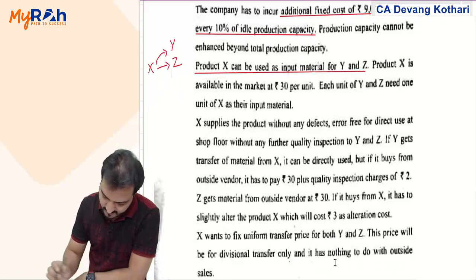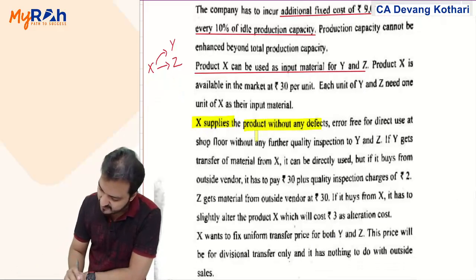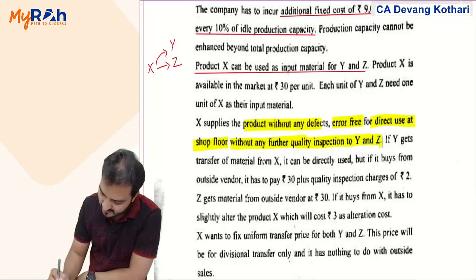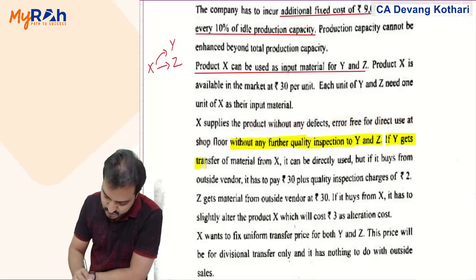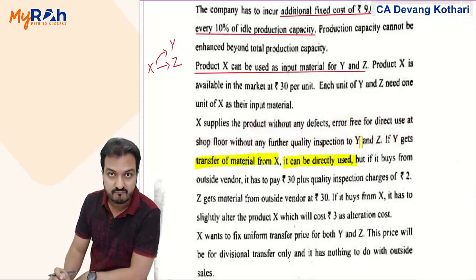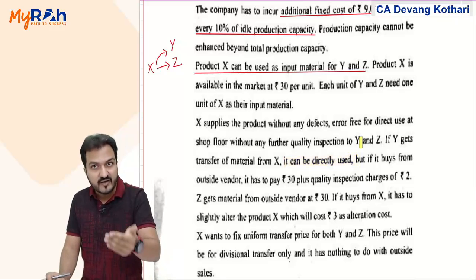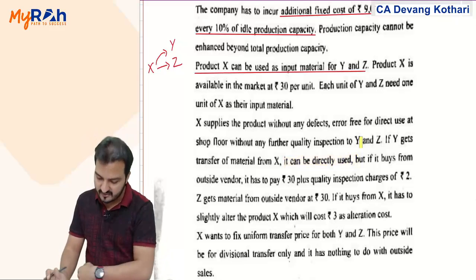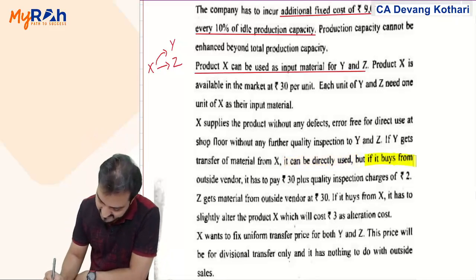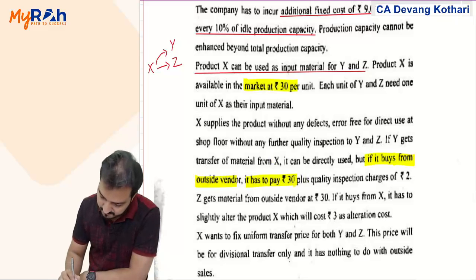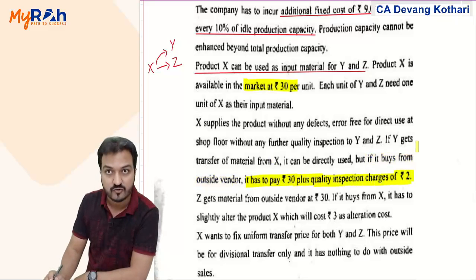Let's read. X supplies the product without any defects, error-free, for direct use at the shop floor without any further quality inspection to Y and Z. If Y gets transfer of material from X, it can be directly used. Because X is giving the material without any defects, Y can use it directly. But if it buys from outside vendor, it has to pay 30, market price 30, plus quality inspection charge of 2 rupees.